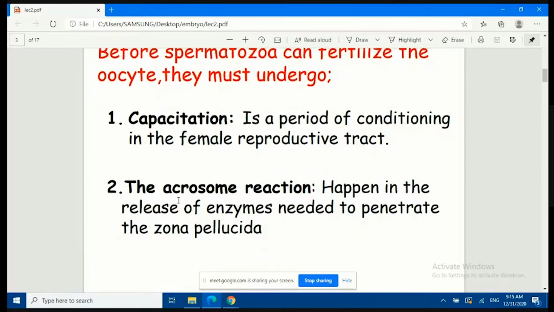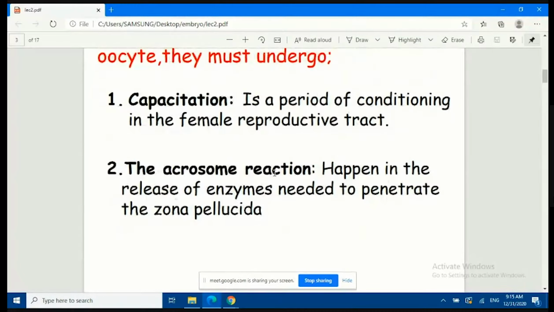Okay, the acrosome reaction. You surely remember what the acrosome was. The acrosome is found in the head of the sperm, and it releases enzymes that are needed to penetrate the zona pellucida.